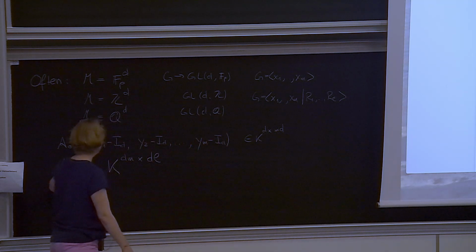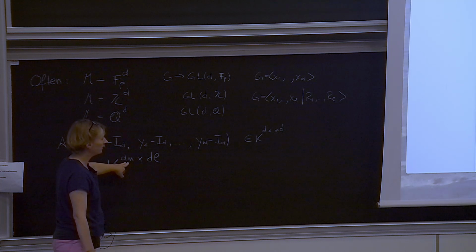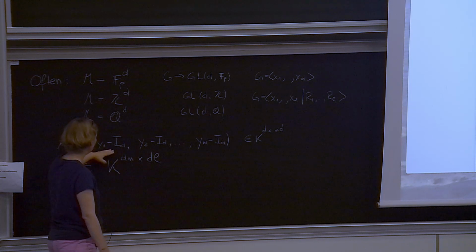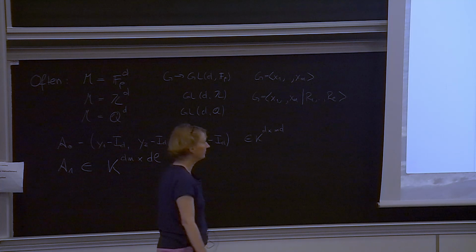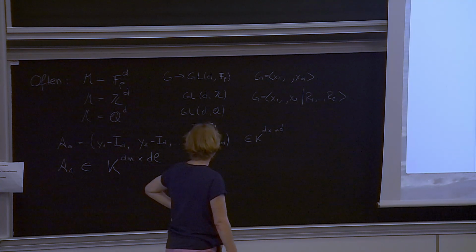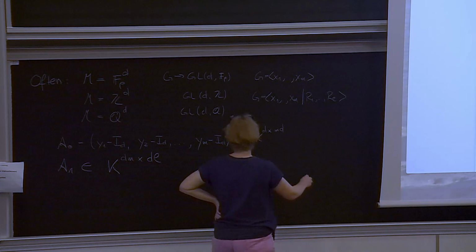The kernel of A1 is going to be something of dimension m times d. And that fits together. So in this form, as image of A0, kernel of A1, I can actually then get B1 and Z1. So perhaps I list this here.